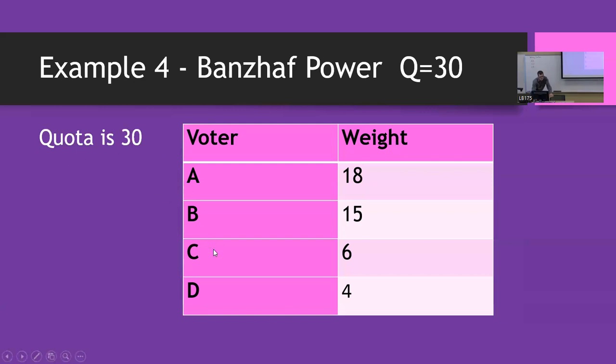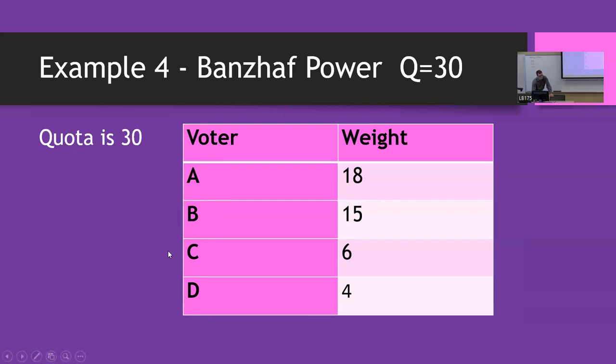If I try A, C, D, that does not work. That only gets me to 28. If I try B, C, D, that also does not work. That only gets me to 25. So we have two winning coalitions that are triples, A, B, C and A, B, D.